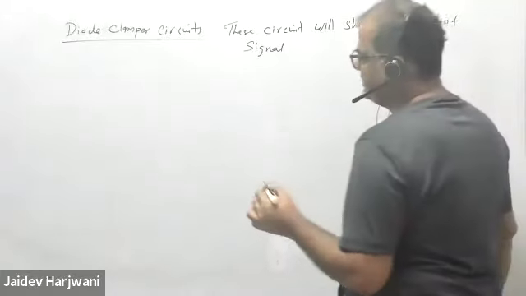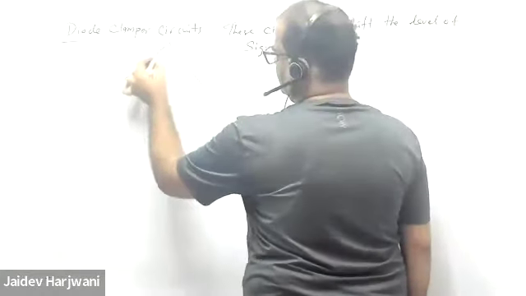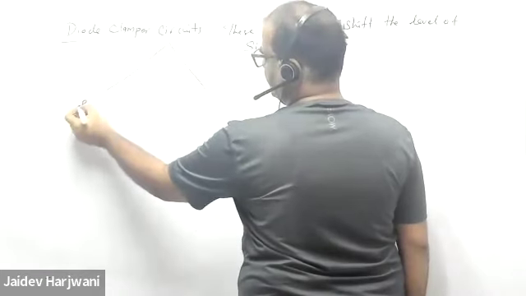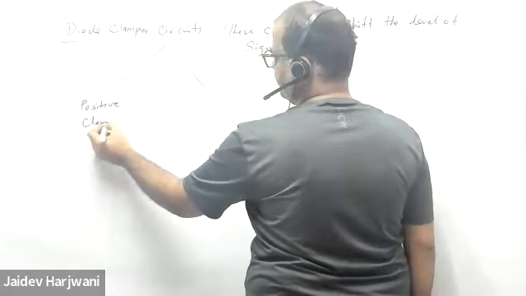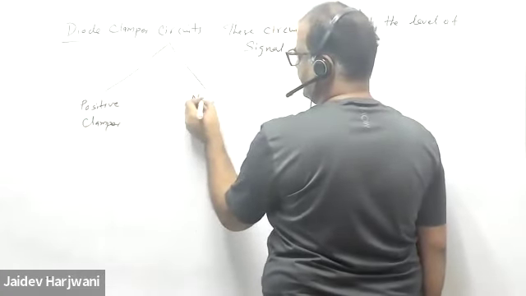Now clamper circuits are of two types. One is called positive clampers. Another is your negative clampers.